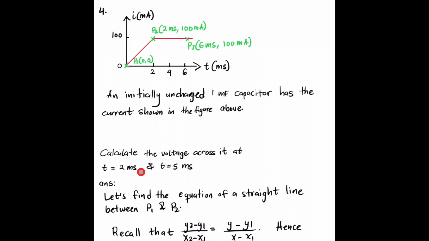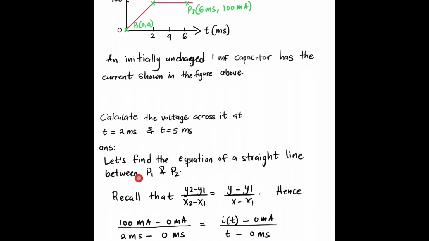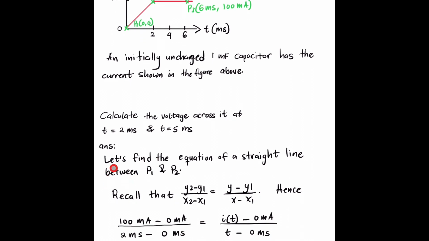All right. So let's find the equation of a straight line between P1 and P2. Recall that the change in Y divided by the change in X is equal to this.